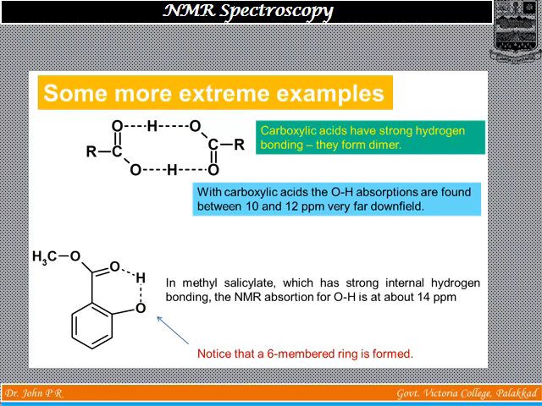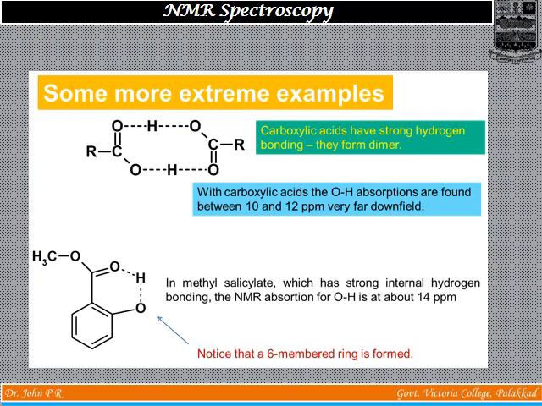We are conducting the NMR experiment in non-polar organic solvents. So we know that in non-polar organic solvents, these carboxylic acids usually form dimers, where we can see strong hydrogen bonding.